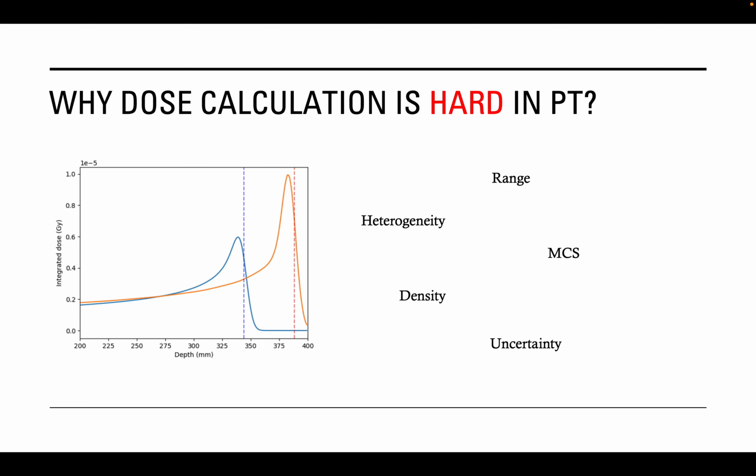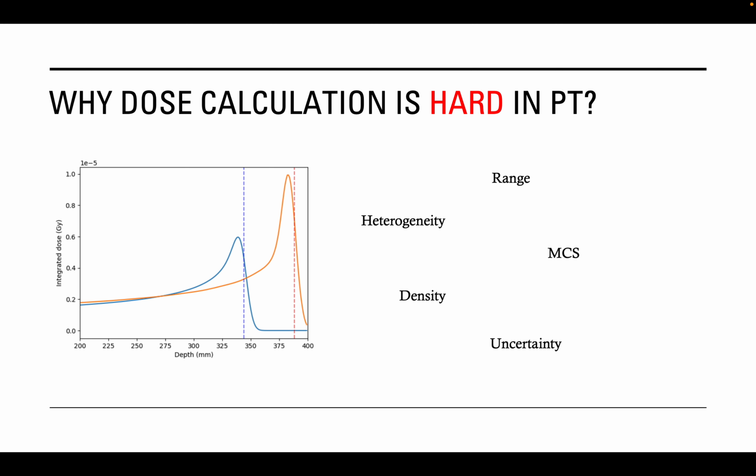And the last one: all of this adds up, and on top of that, when we are putting the patient on the couch, there is some error in the setup. If the patient moves a little bit, the dose may fall inside or outside of the tumor.